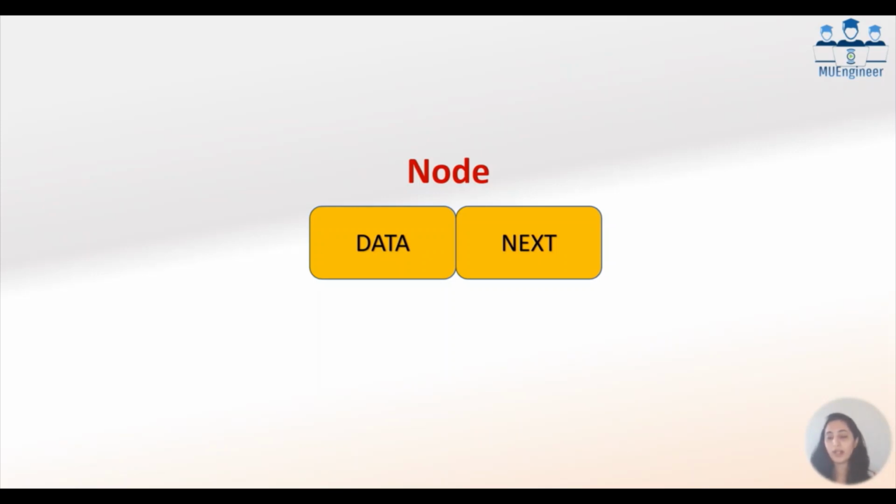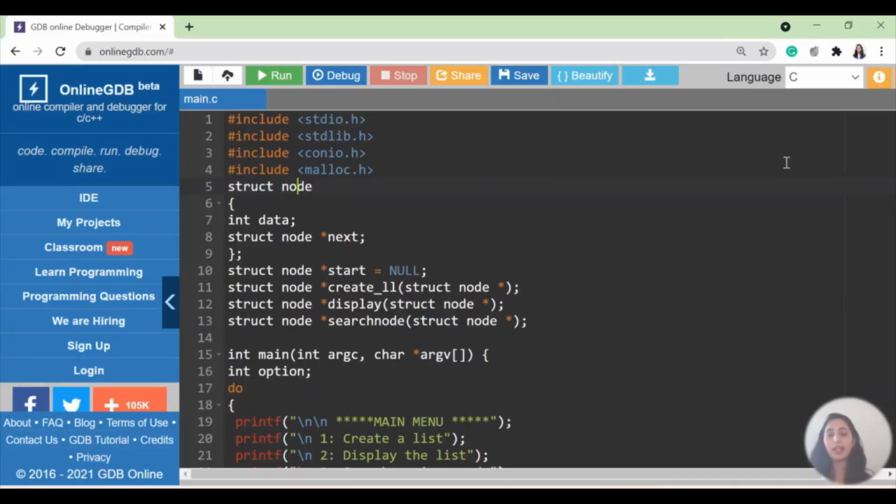Multiple members are allowed, but in our example, we are taking only 2 members. The first member is a data member. The next member is a next member, which is a pointer variable pointing to another node, or holding the address of another node. Now let us see how to write the program for the same.